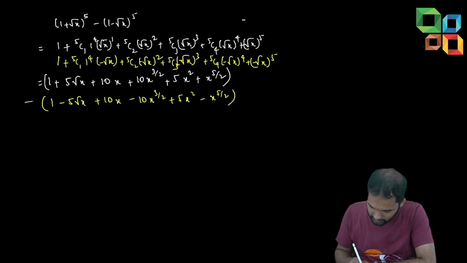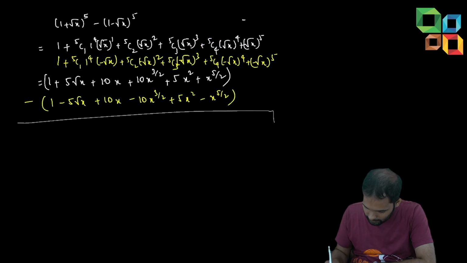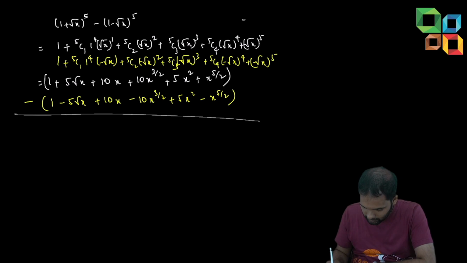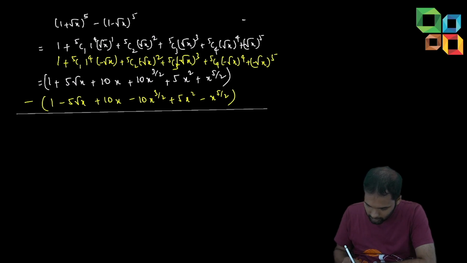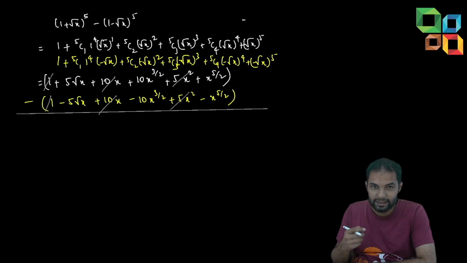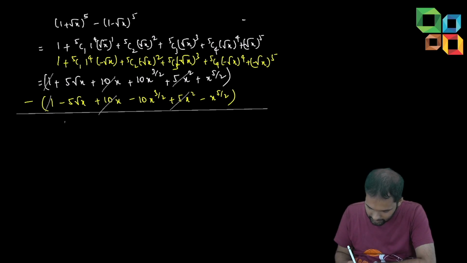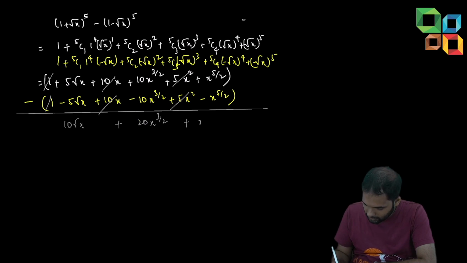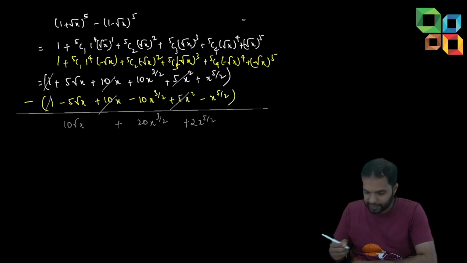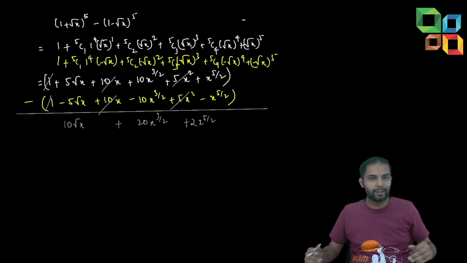Let me just write down what the result is. If I subtract this, all the same sign terms will get cancelled. The others will just double. So this will be 10 root x plus 20 x power 3 by 2 plus x power 5 by 2 plus x power 5 by 2, which is 2x power 5.